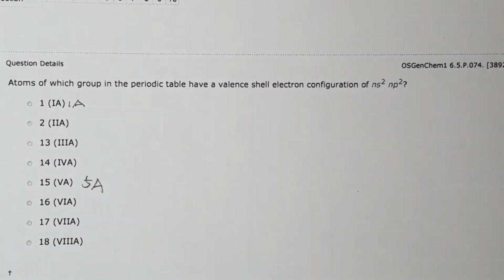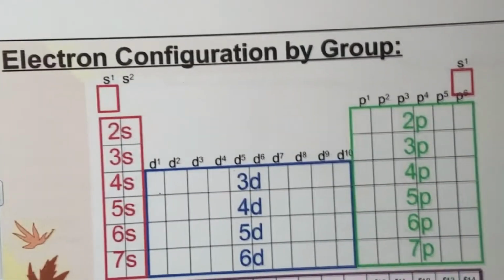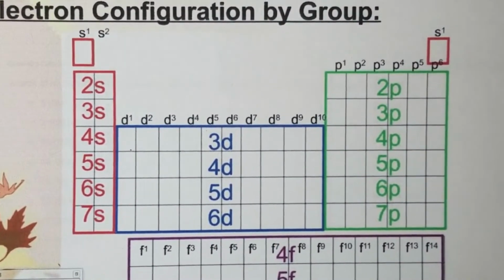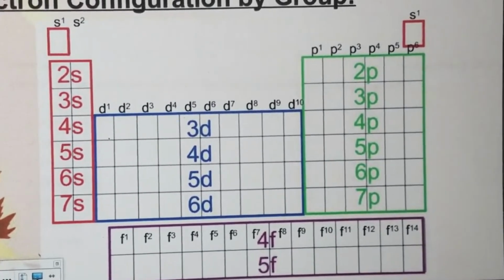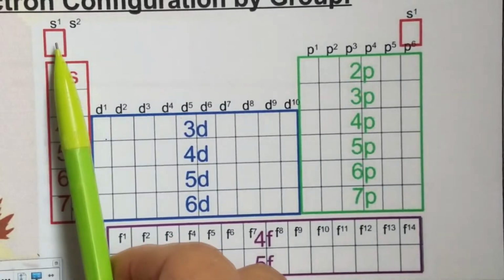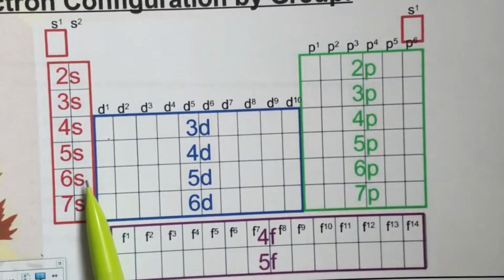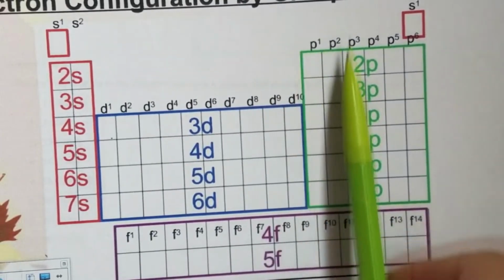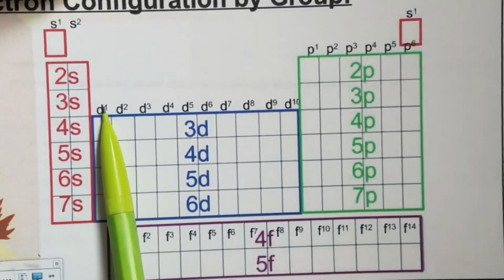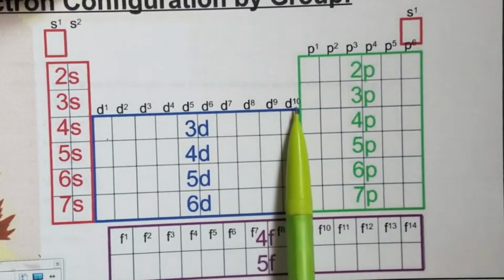Let's start from here: electron configuration by group. As we just talked about, that should be 1A, 2A, and then 3A, 4A, 5, 6, 7, 8A. And here should be 1B, 2B, 3B, all the way to 10B.